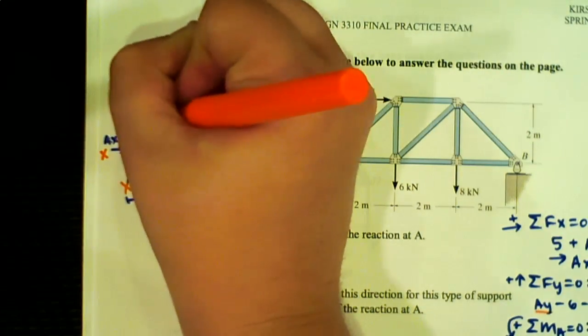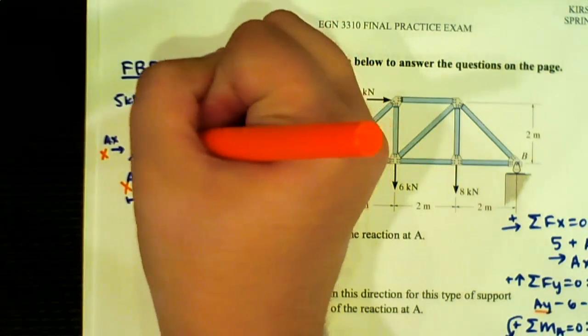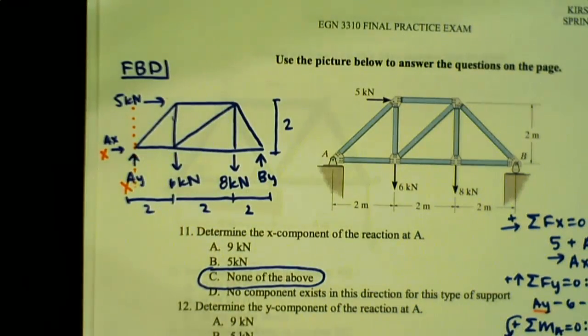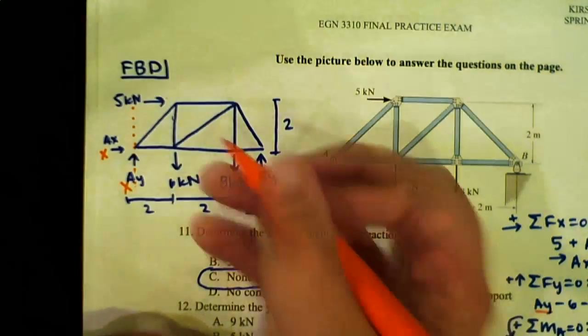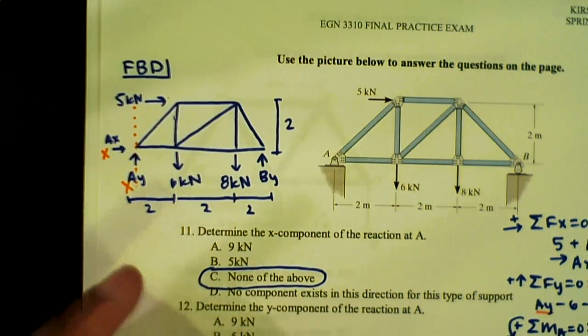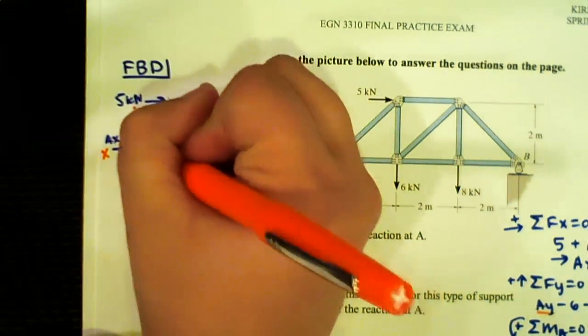If you have trouble drawing the line of action, what I like to do is draw a dotted line where the perpendicular distance at A would be 0, kind of like an XY axis.